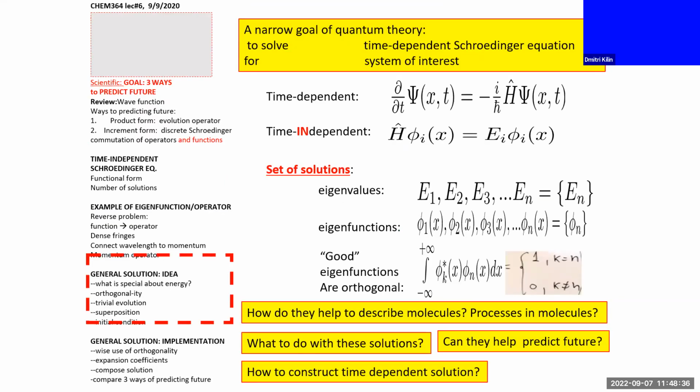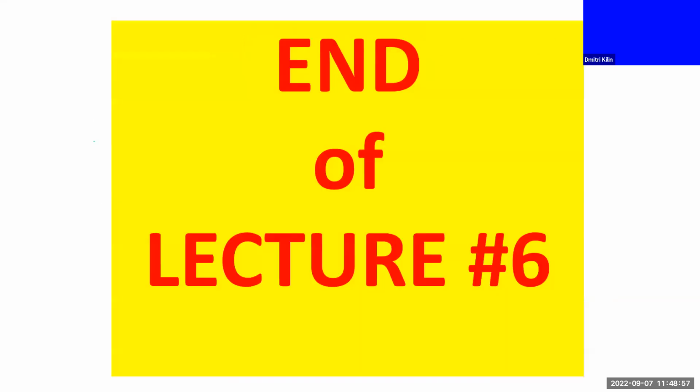And equation number 1 to be solved is the time-independent Schrödinger equation. The little index i on the function and on the energies means that i labels different solutions, right? We have solution number 1, number 2, number 3, and it is a pattern that we will see again and again. Basically, we are done.